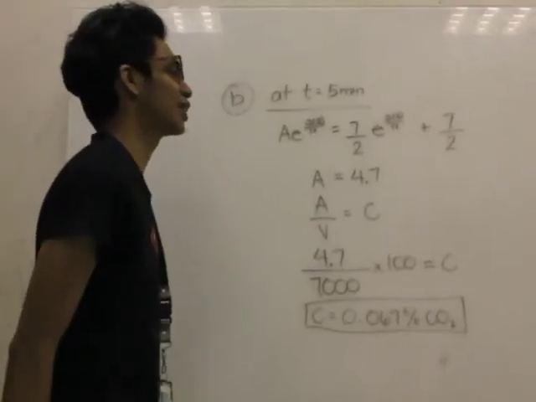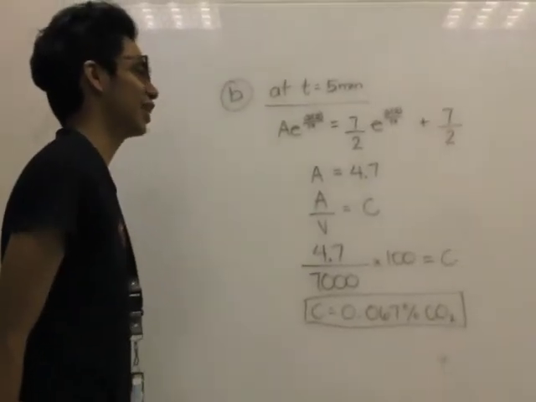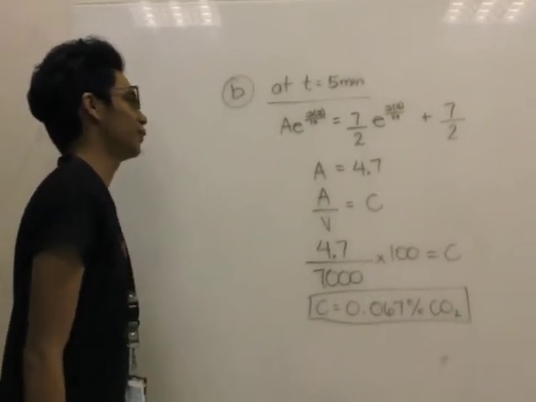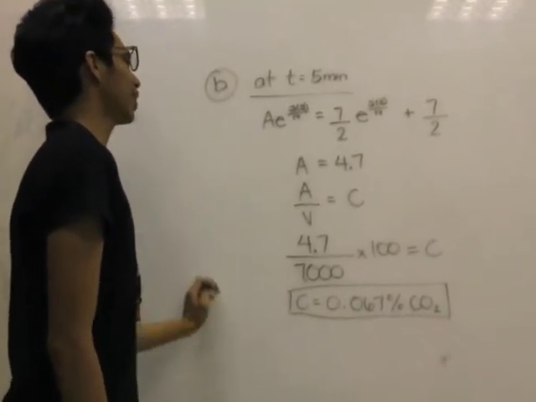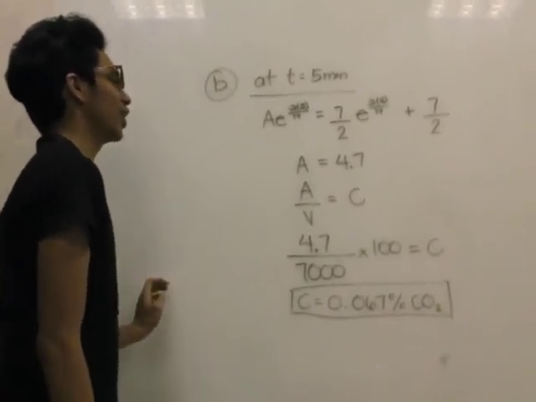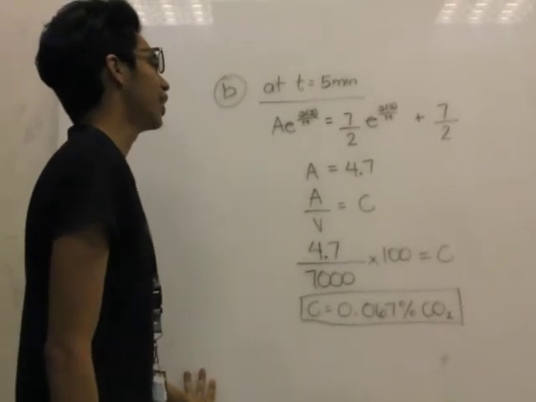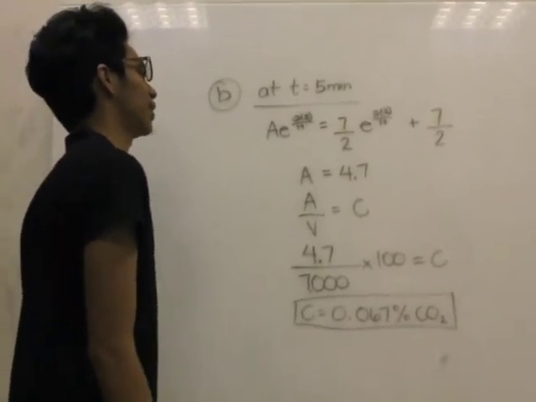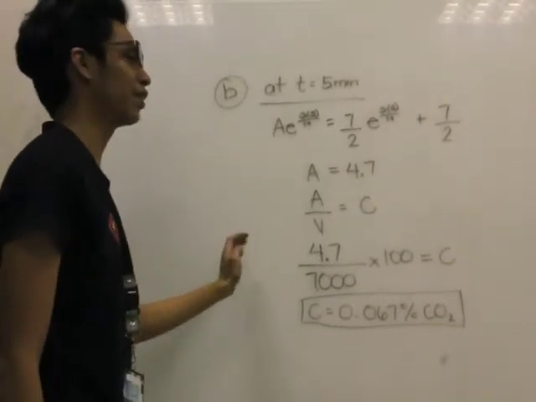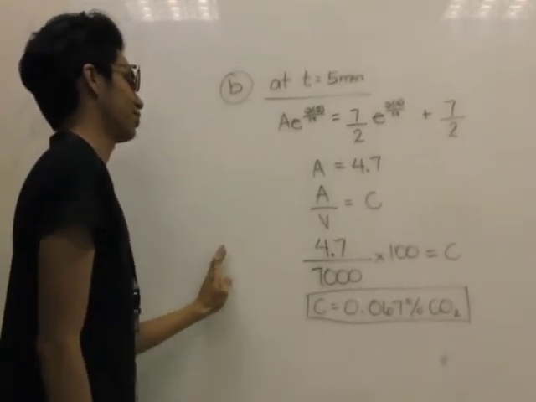We are looking for the percent concentration of CO2 in the room after 5 minutes. So, at t equals 5 minutes, A times e raised to 3 times 5 over 14 is equal to 7 over 2 e raised to 3 times 5 over 14 plus 7 over 2. Then, after manipulation, we will arrive at A equals 4.7.